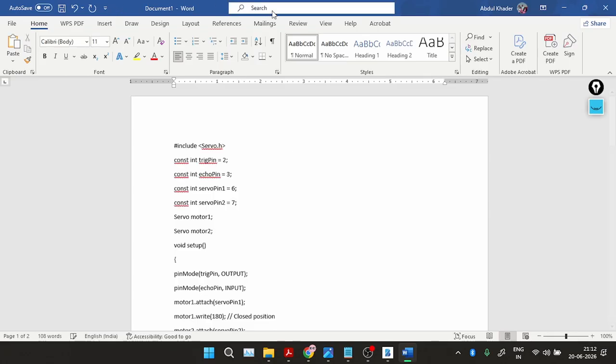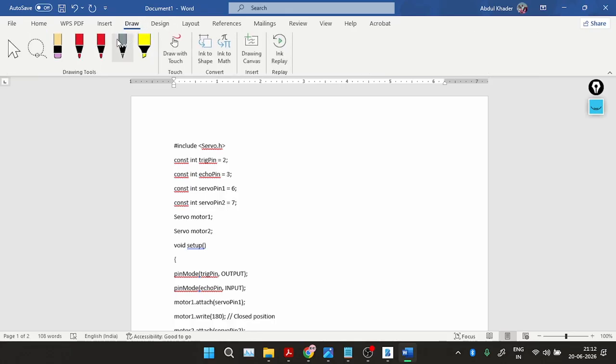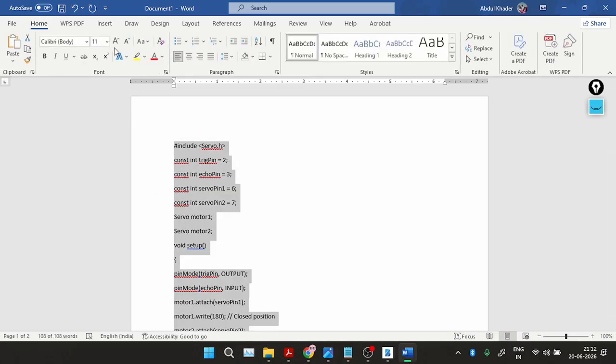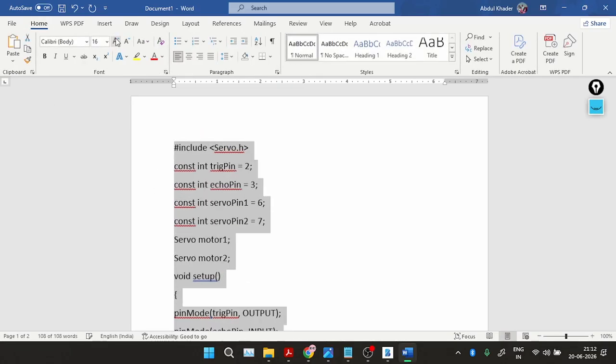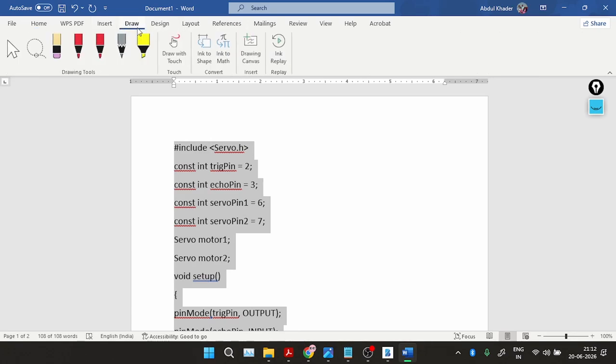So I have pasted this program here that I'm going to explain. Okay, if you observe here, I will just increase the font, just a minute.